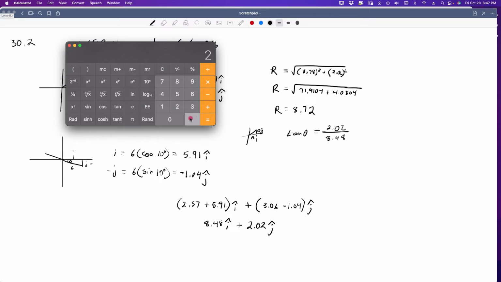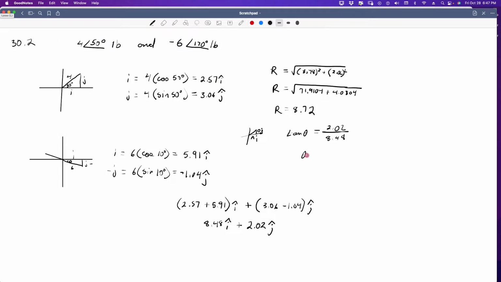We get 2.02 divided by 8.48. And now we have to find the degree of measure, so we're going to use the inverse of tan. 13.398, that could be rounded up to 13.4. So theta is 13.4 degrees.